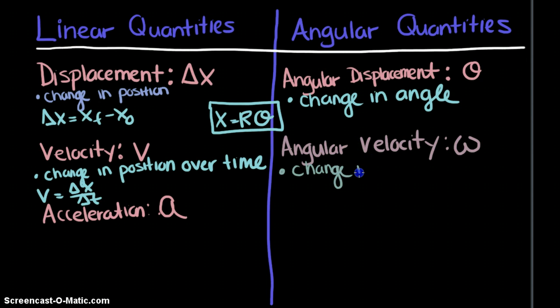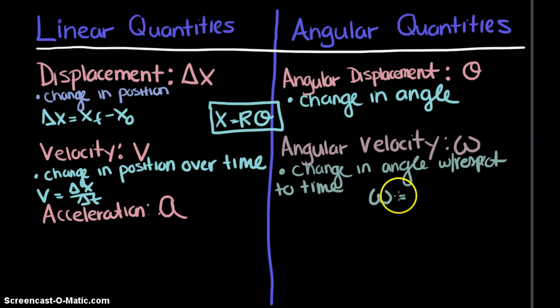So this would just be the change in angle with respect to time. So if v equals delta x over delta t, then this little omega, this angular velocity, is the change in the angular displacement over time.